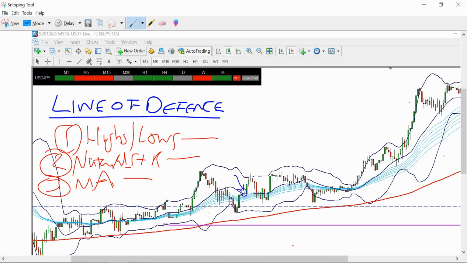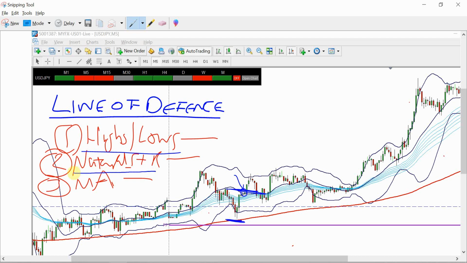And so let's just say we went long around here somewhere. We went long. Where would we put our stop loss? So let's just go through this in a second. So we've got highs and lows as number one. So we could put the stop loss there as an example.